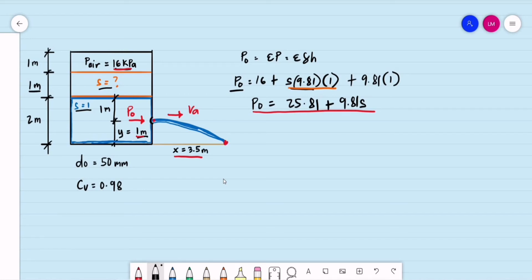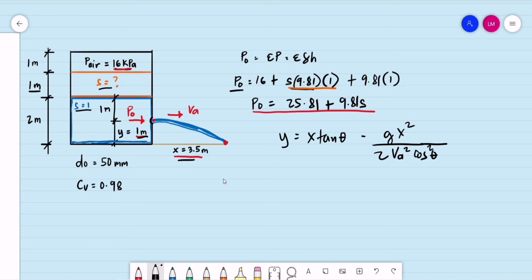Okay, recall lang natin yon, yung formula na yan, we have y is equal to x tangent of theta minus gx squared, divided by twice the actual velocity squared, okay, the cosine of theta squared. Kung ito yung mga actual displacement ng tubig, ang makukuha natin is actual velocity.